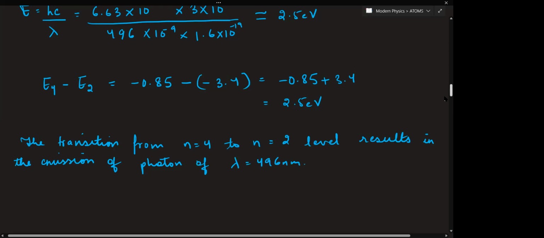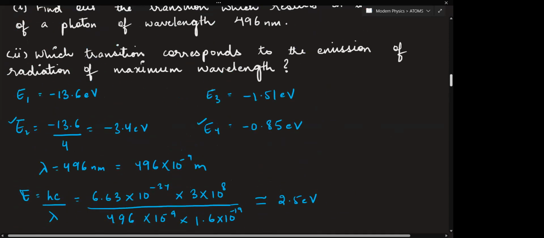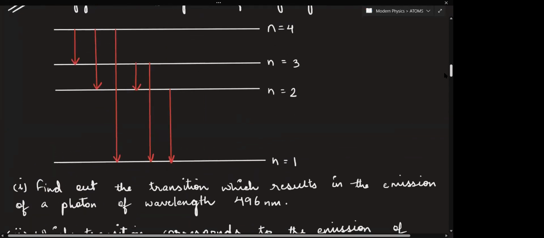If you take the energy difference between the rest of them, between 3 and 4, 3 and 1, 1 and 2, 1 and 4, it will not come out to be 2.5 electron volts. So we have the answer: the energy transition from 4 to 2. This one is from 4 to 3, and this one is from 4 to 2. So this transition results in the emission of a photon with the wavelength 496 nanometers. Understood?